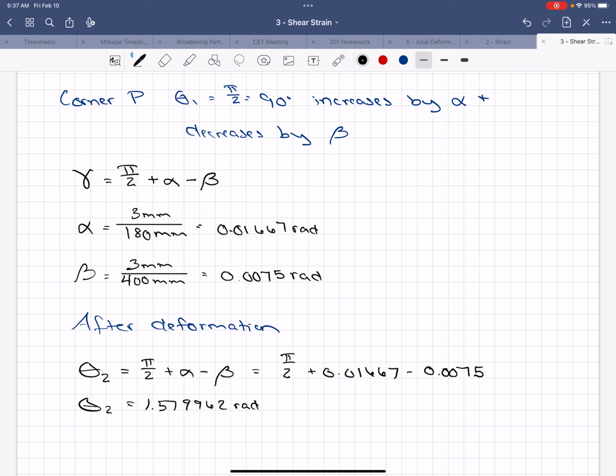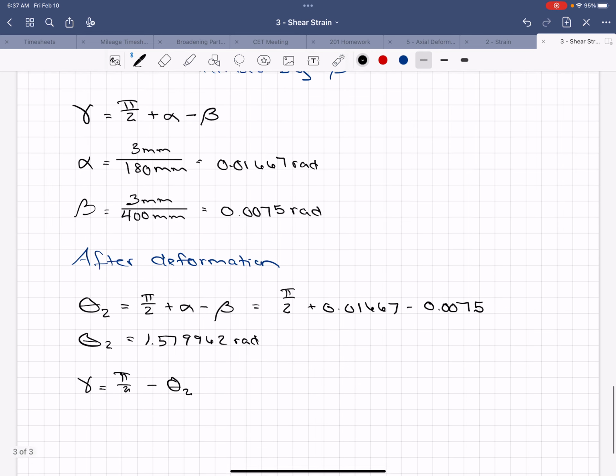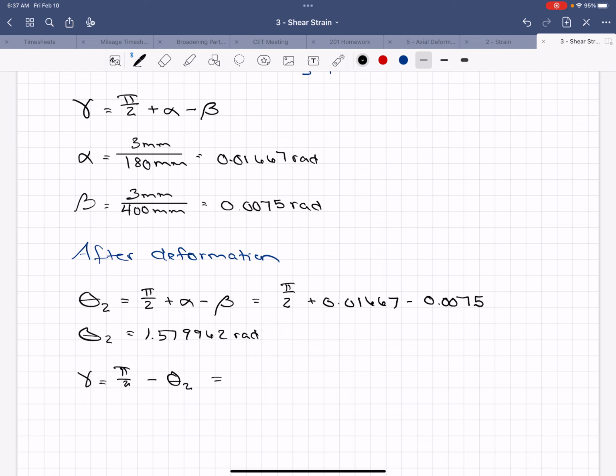Okay, then remember that gamma equals pi over 2, our original angle, minus theta 2. So that equals pi over 2 minus 1.579962.